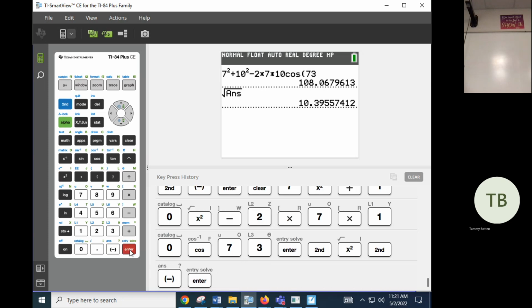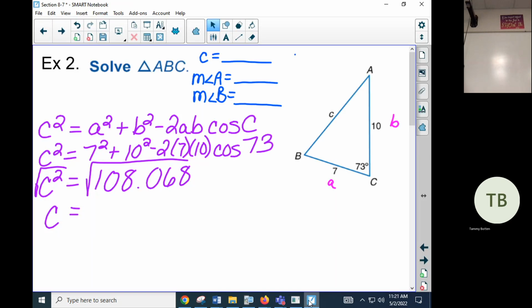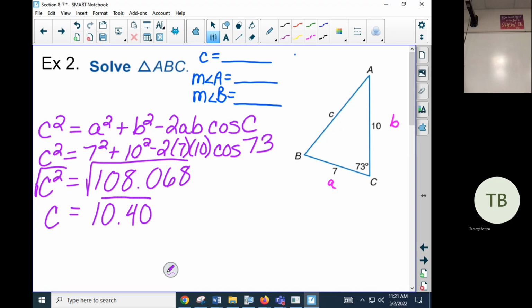That will give me the most accurate answer, which I would round to 10.40. So I can put 10.40 here as well as here.